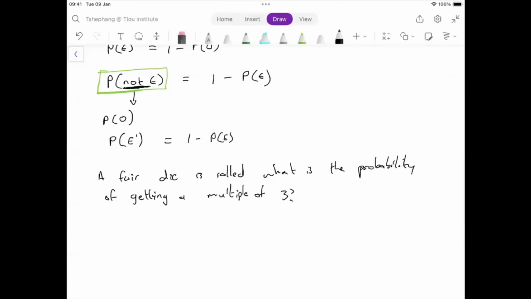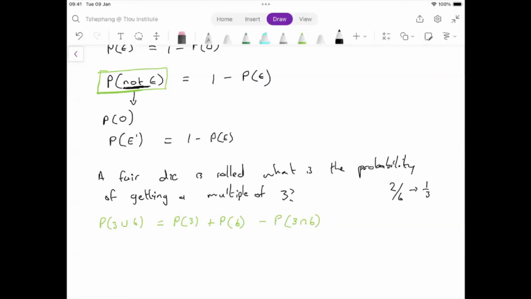Okay, so we're getting 2 over 6, which simplifies to 1 over 3. Okay, now how did we even get there? So the probability of a 3 or a 6 is equal to the probability of a 3 plus the probability of a 6 minus the probability of 3 and 6.